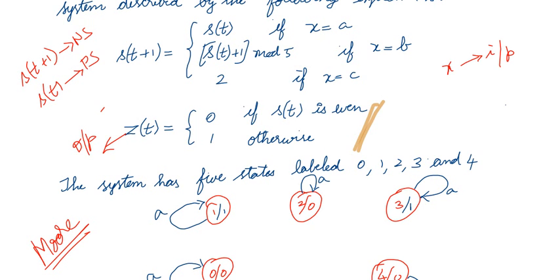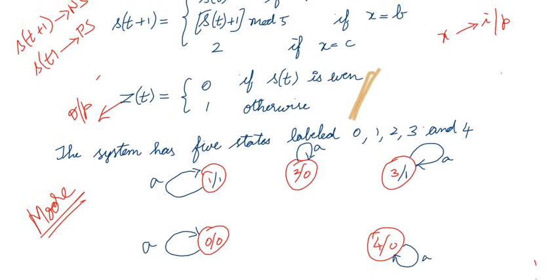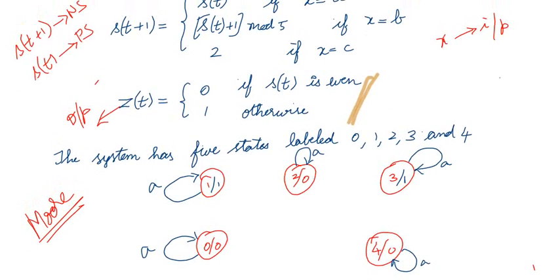Now, when the input is B, what happens? Present state value plus 1, and I have to take the mod operation. So we are in the state 0. When the input is B, we are going to make S of t plus 1.